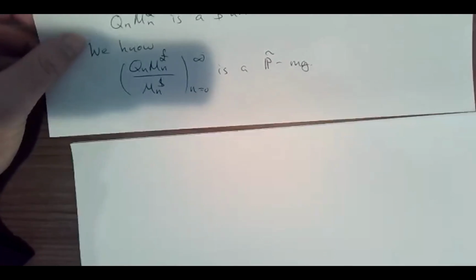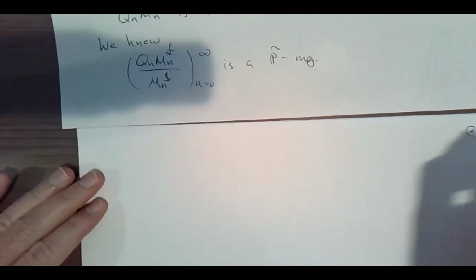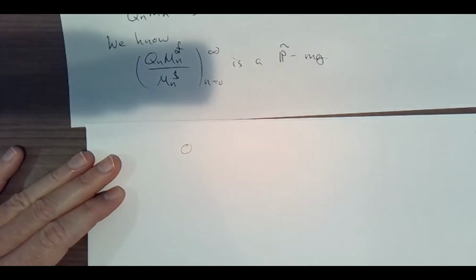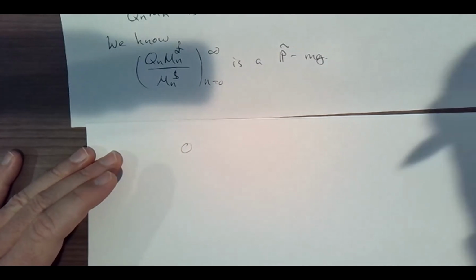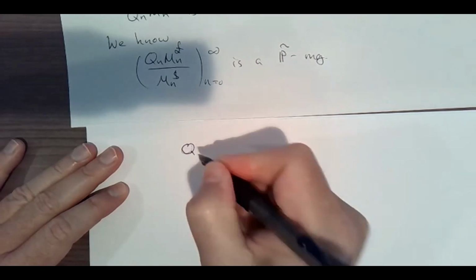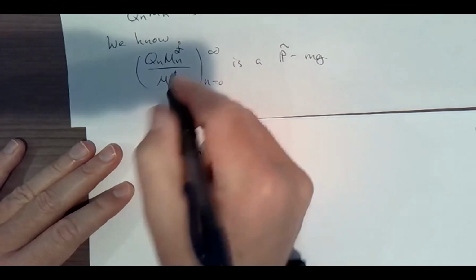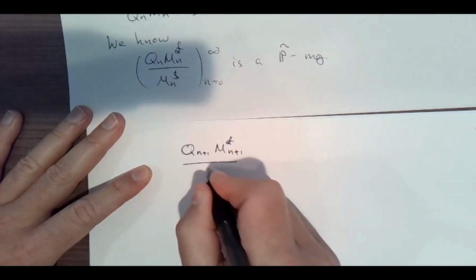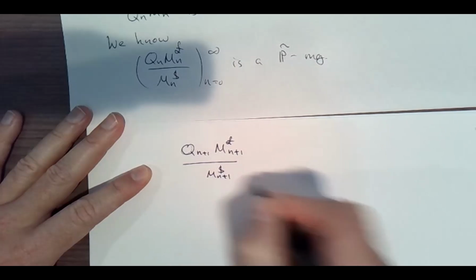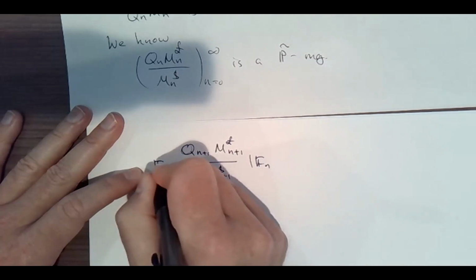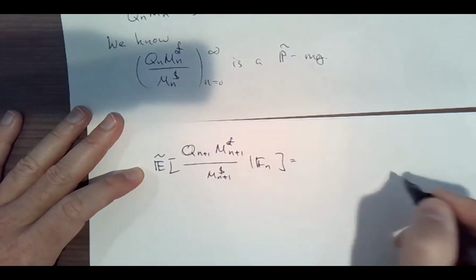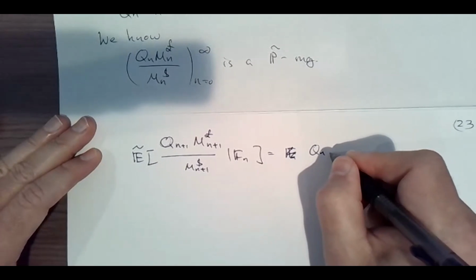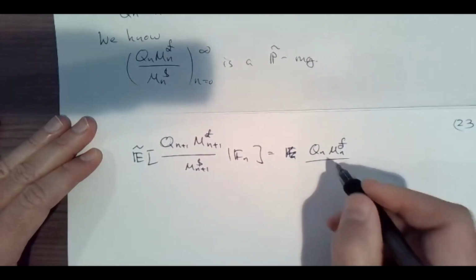So in particular, if I were to compute Qn plus 1 times Mn plus 1 pounds divided by Mn plus 1 dollars, conditioned on Fn, under the risk-neutral measure, I'll get nothing else than Qn Mn pounds divided by Mn dollars.